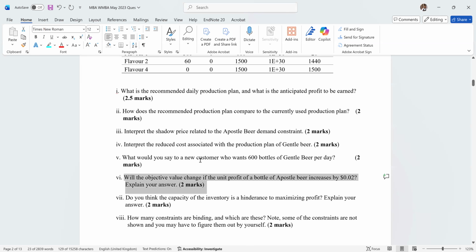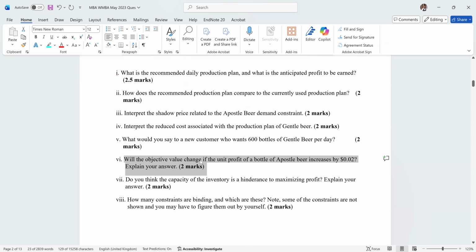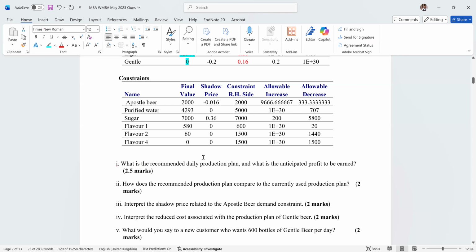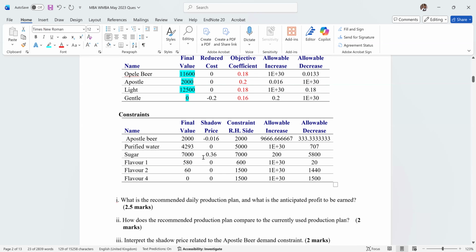Do you think the capacity of inventory is a hindrance? Do you know the capacity of inventory? It's 30,000.